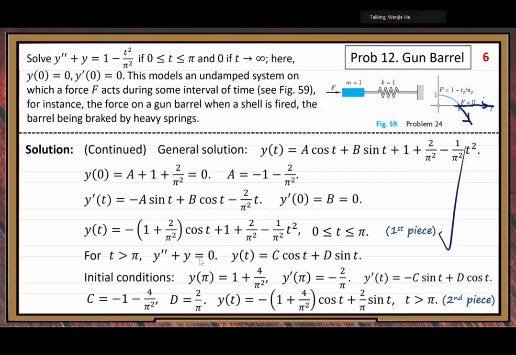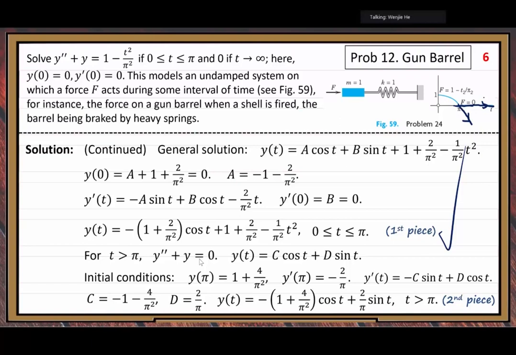Second, when we calculate y of pi, we plug in t equals pi, and we use the solution of the first piece. But the first piece and the second piece have one intersection point, at pi.